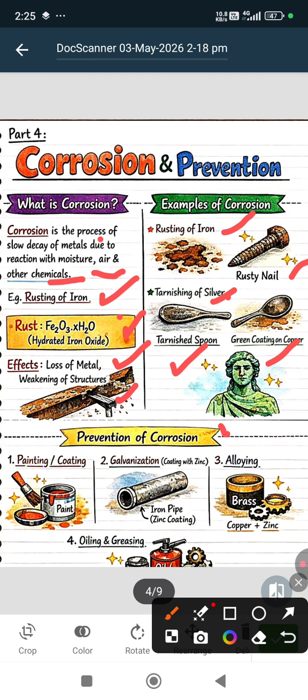How can we prevent corrosion? By painting or coating, galvanization, coating with zinc, alloying. Brass is made by mixing copper and zinc. Oiling or greasing. So we can avoid corrosion by these methods.